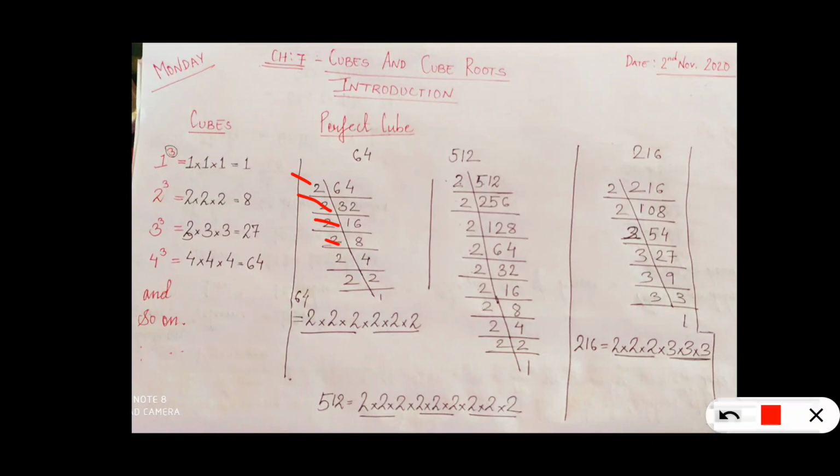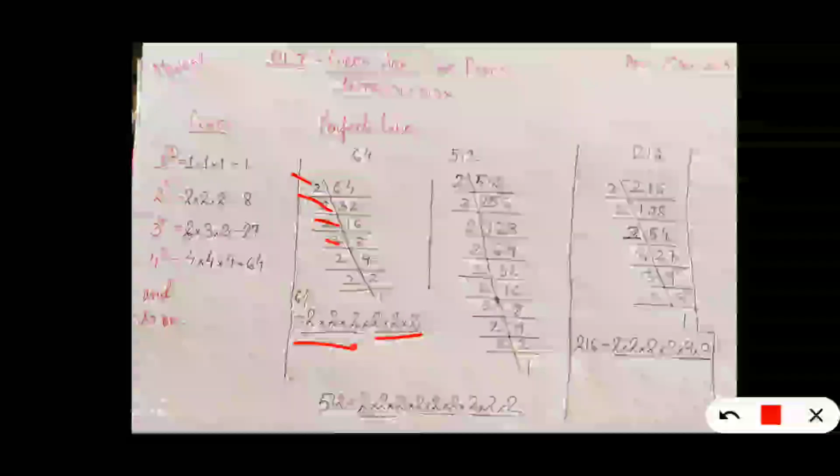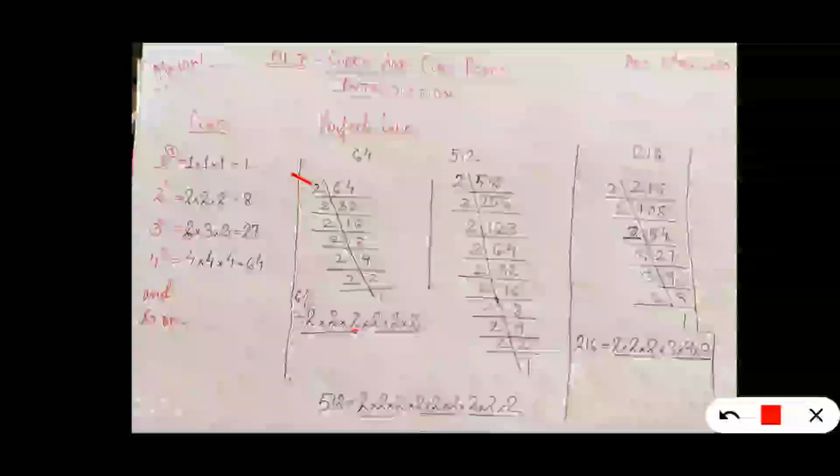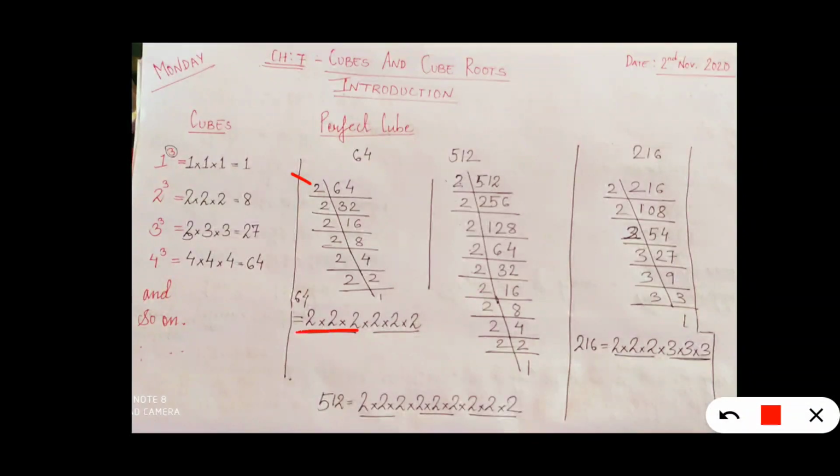Here you have to make groups of triplets, three of the same number. Here there are three 2's, and again here there are three 2's, total six 2's. So both form triplets, and 64 is a perfect cube. Are you clear? If not, look further and you'll understand.